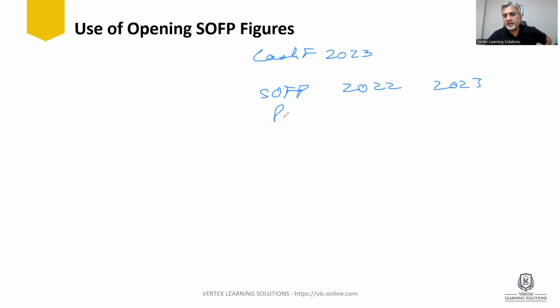And I need my P&L for 2023. So I need 3 statements, 3 pieces of paper in front of me. This year income statement, this year balance sheet, and last year balance sheet.